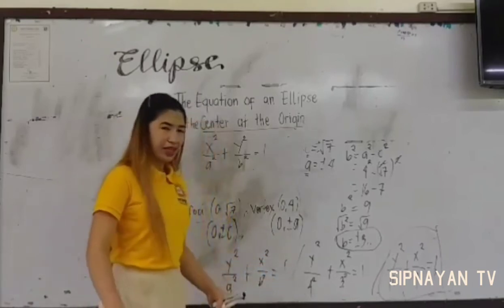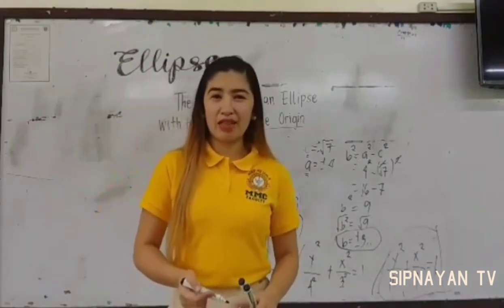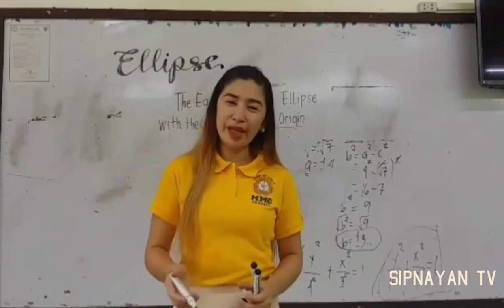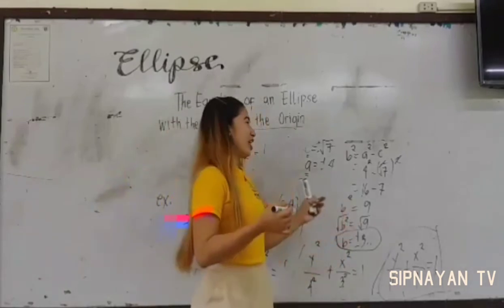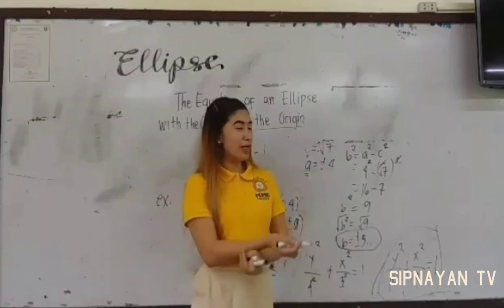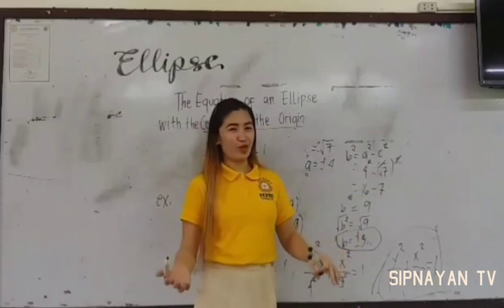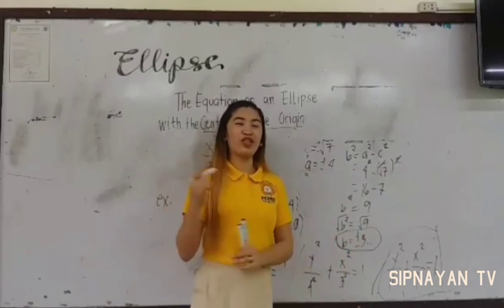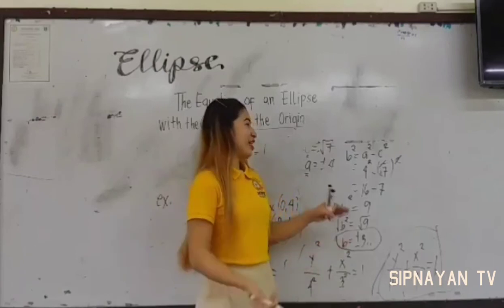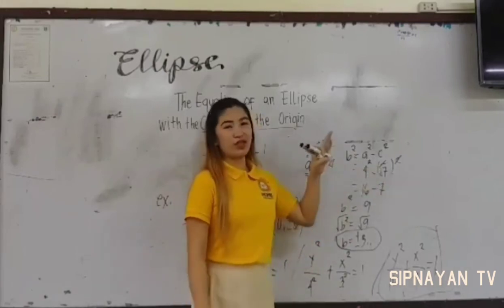So, after yan, na-identify na natin, pero kailangan natin B and A. So, since wala tayong B, hinanap muna natin si B. Kasi nawawala siya. So, hinanap natin si B to find B. So, we will use B squared is equal to A squared minus C squared. So, simply substitute po natin yung value ni A at yung value ni C na given sa atin. So, si A natin is 4. Si C natin is square root of 7.